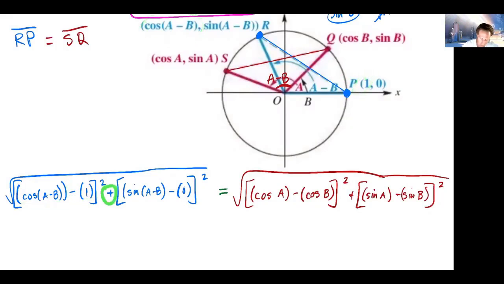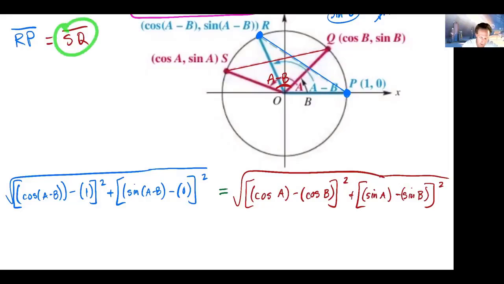And then that squared plus my y2, which was the sine of A minus B, minus y1, which was 0. That whole thing squared. And don't forget it was the square root of all of that. By definition, if you need to review, go ahead, but that is the distance formula between any 2 points. Our points are just quite different than what they normally look like.